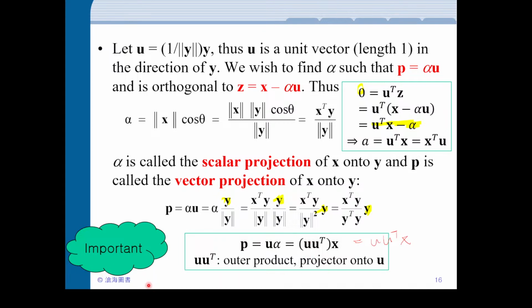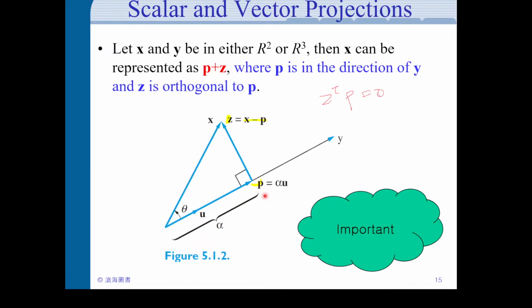And uu^T is a projection matrix, a projector onto this u vector, because if you multiply uu^T on any vector, you will get a vector in this u direction.